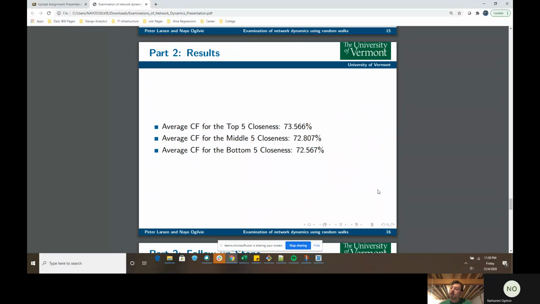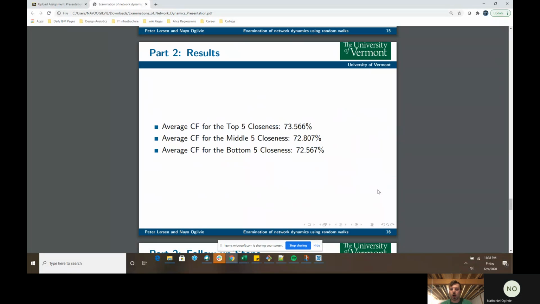And then lastly, we have the closeness centrality. Here, this is the first of the three where the top five is greater than the middle five, which is greater than the bottom five. And this might be due to the fact that closeness is a relatively simple calculation.